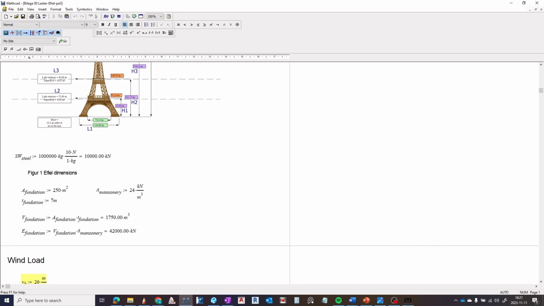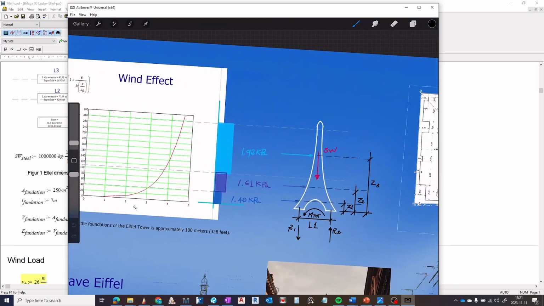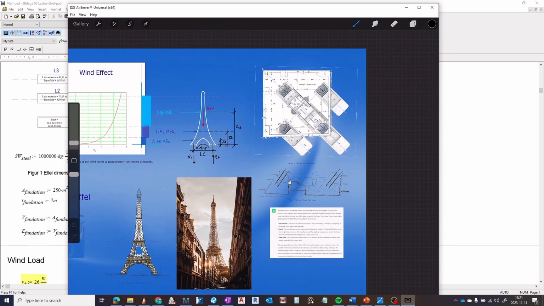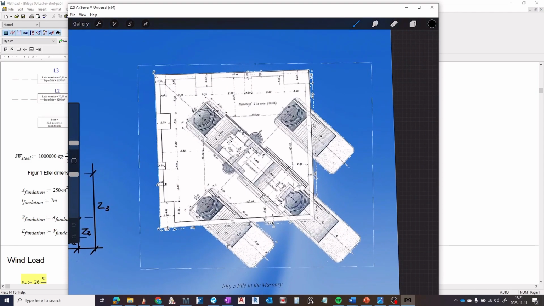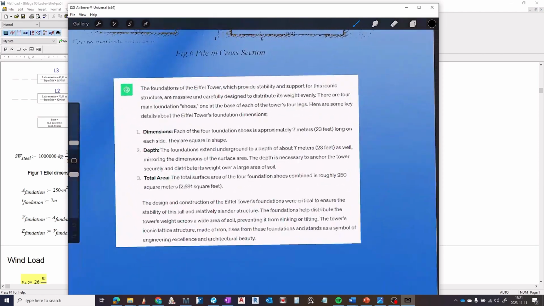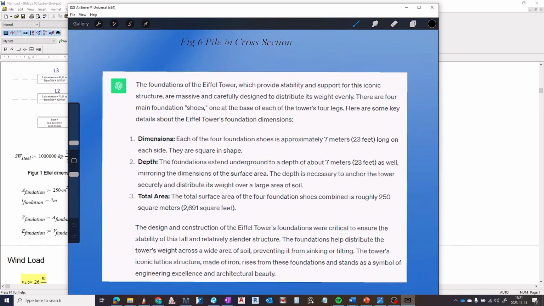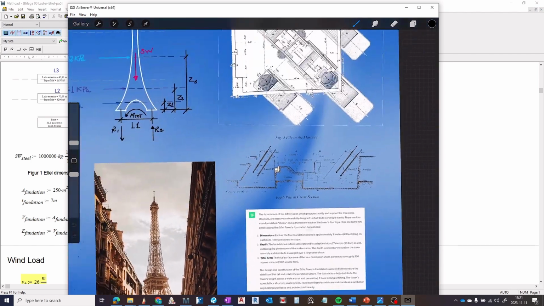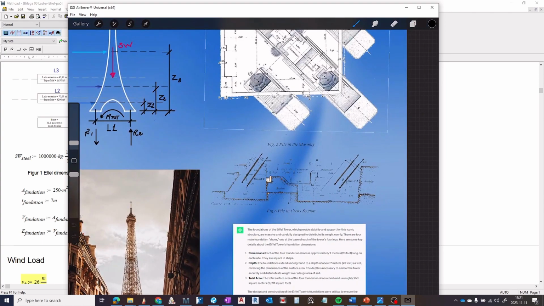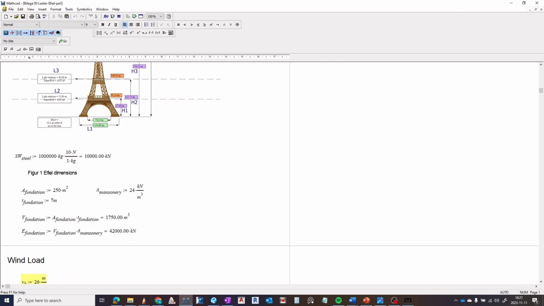The dimensions of the foundation I got from ChatGPT here, and another master thesis I'll show you later. So this picture I take from the master thesis, and the information about the foundations, dimensions, depth, and total area are taken from ChatGPT. The other information that I use here is of course the master thesis.